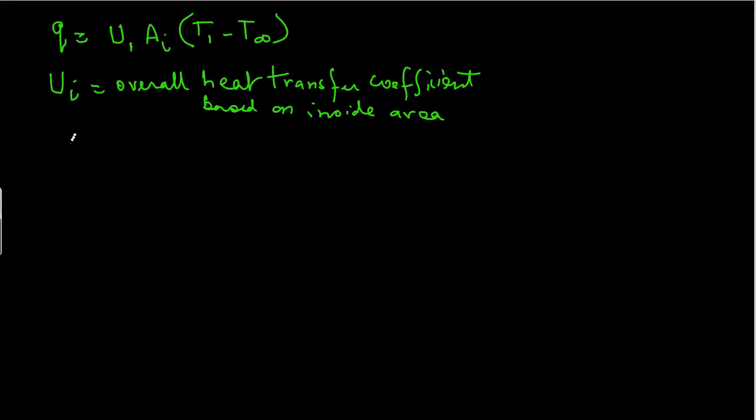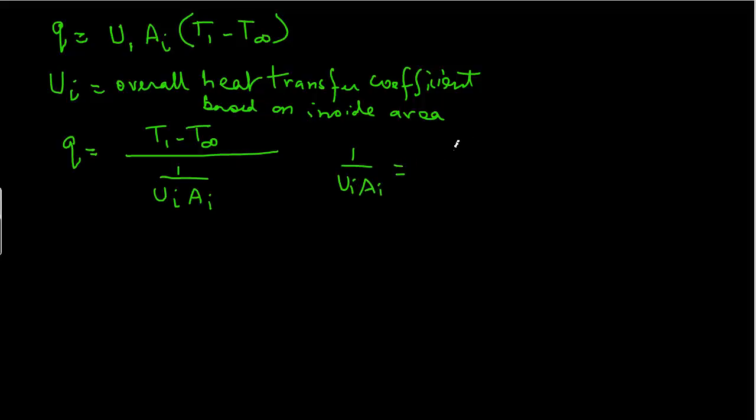So we can rearrange our equation as Q equals Ti minus T infinity divided by 1 over UiAi, where just by comparison of this equation and the previous one, we have 1 over UiAi equals 1 over HiAi plus natural log of Ro over Ri divided by 2 pi Lk plus 1 over HoAo.